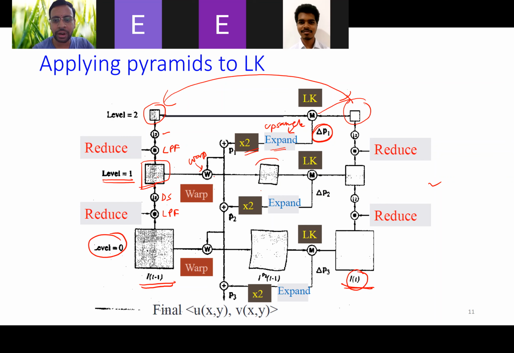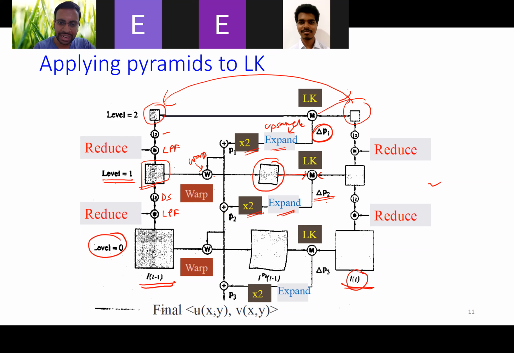So this is the warped image at level 1, and now you apply the Lucas-Kanade method between this warped image and the other frame image, applying the motion field. Again you repeat the same procedure. With the Lucas and Kanade method, you compute the displacement vector, you expand it, or in other words upsample it, then you multiply those values by 2, right?